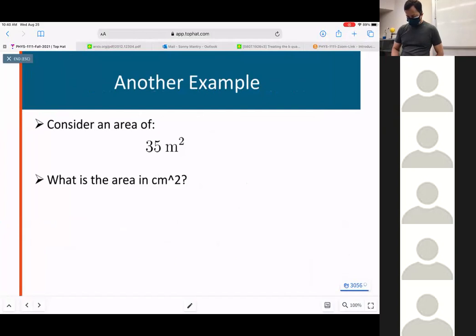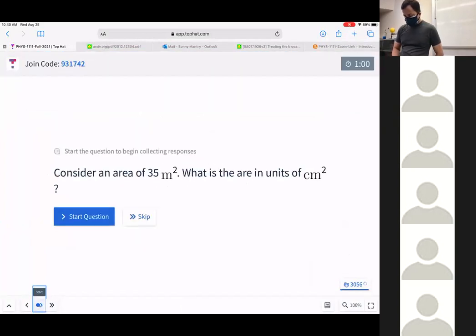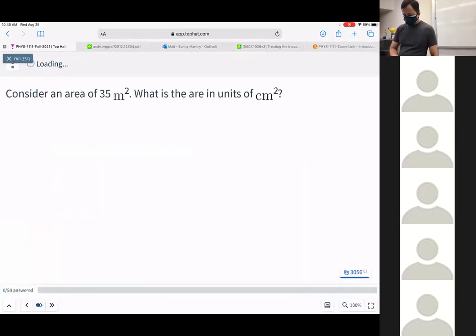Okay, so here's the question. Here is the Top Hat form of it. So again, you will just enter a number, and that number will be units of centimeters squared. And so let's see what we get.